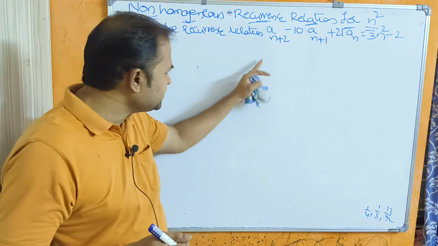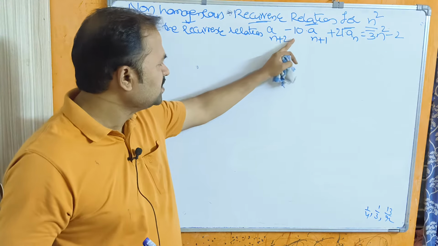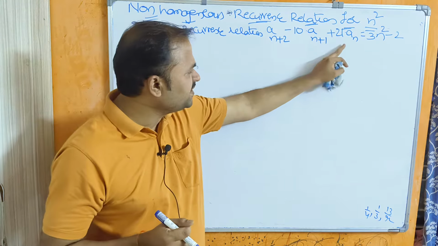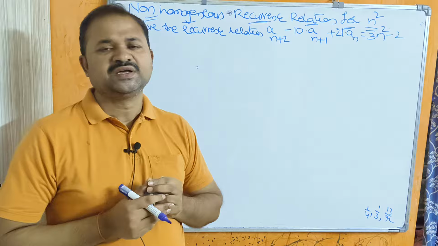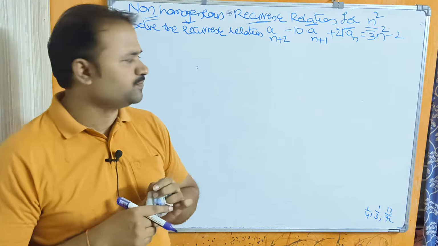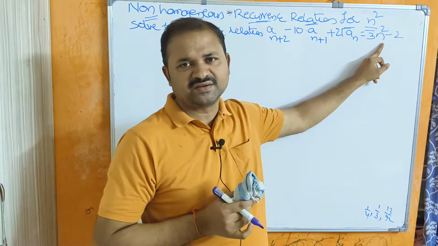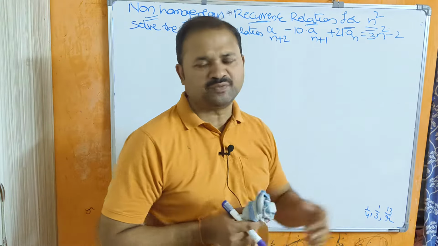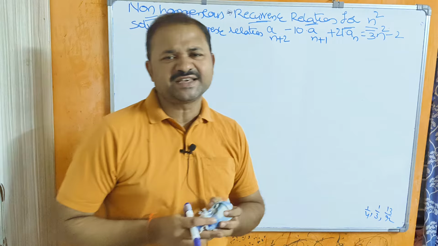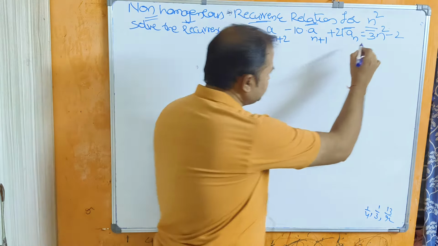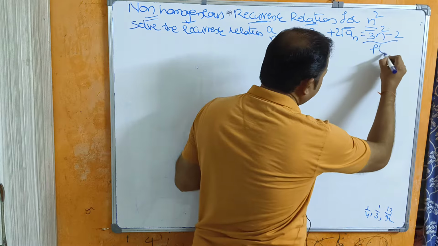Solve the recurrence relation a(n+2) minus 10 into a(n+1) plus 21 into a(n) equal to 3n square minus 2. Here at the right hand side we have n square as well as we have minus 2 also. So let us assume that this right hand side is represented by f of n.